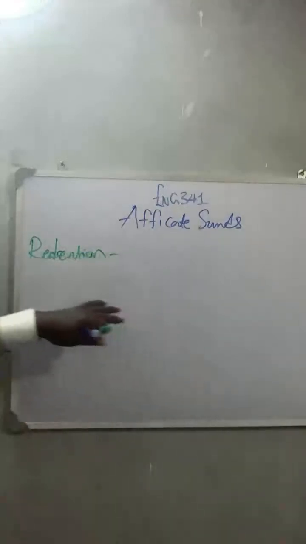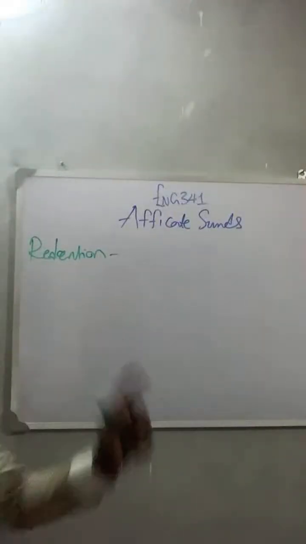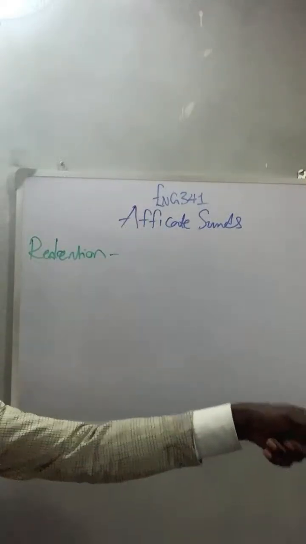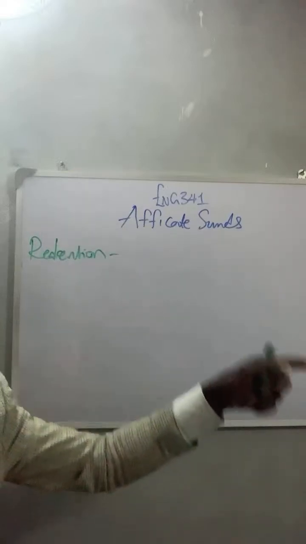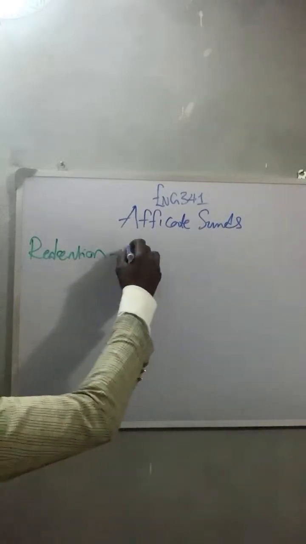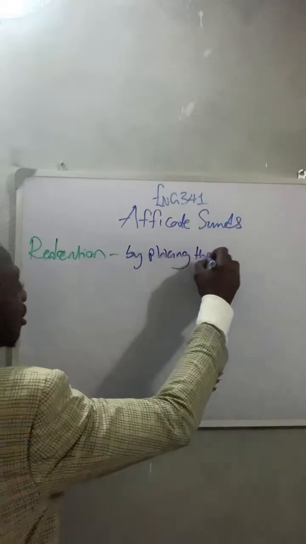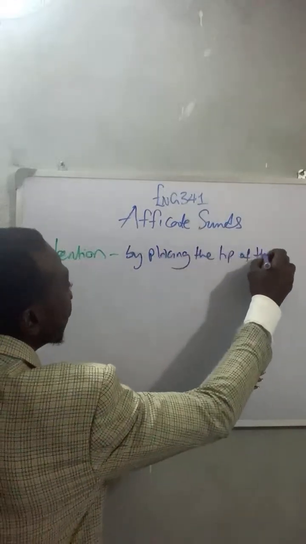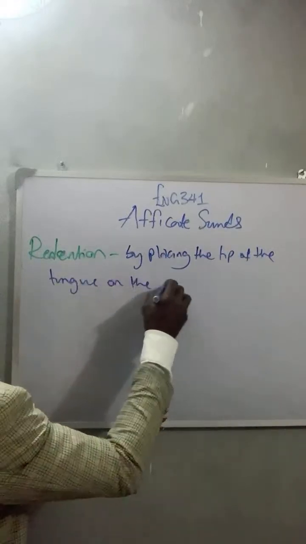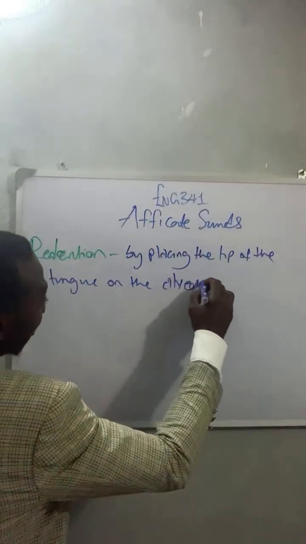Now, the rendition of the production of these affricate sounds is achieved by placing the tip of the tongue on the alveolar.